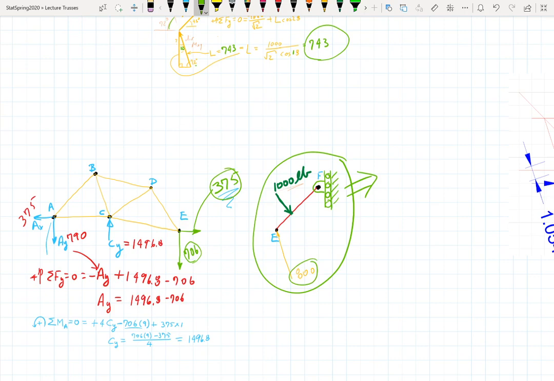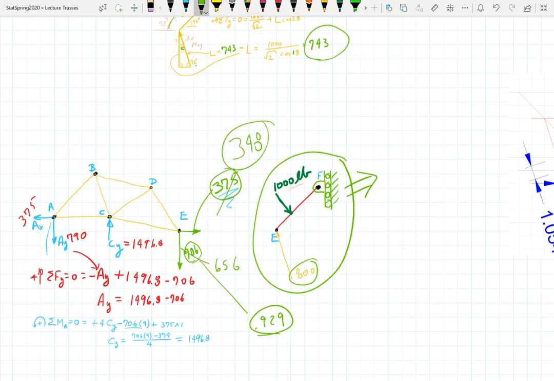So if I did 743 divided by 800, each one of these would be 0.929 smaller. So this number would be 656, and this one would be 348.